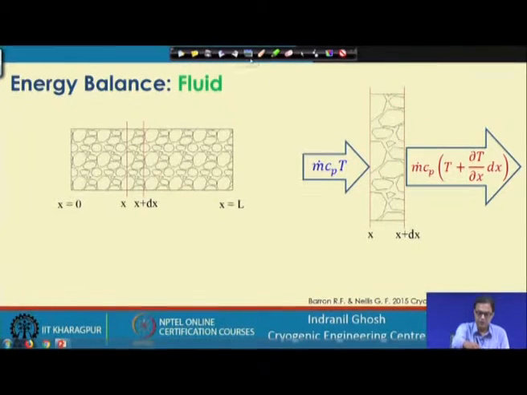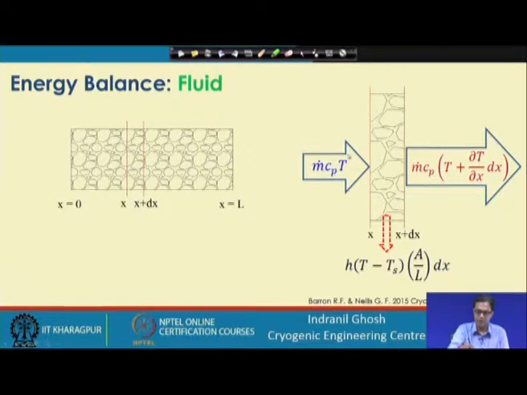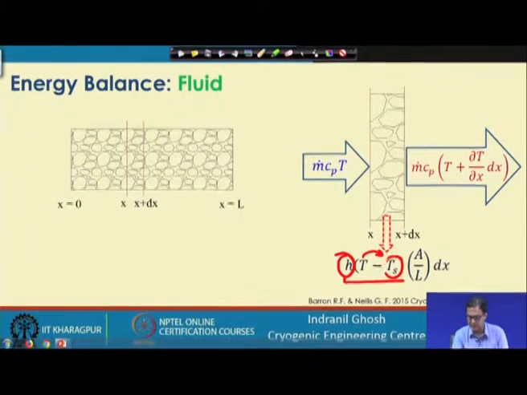Now, if we look again into this part, we find that some amount of heat is transferred from the fluid to the solid part. If it is hot fluid, the hot fluid is giving heat to the solid particles, and this is the amount of heat transfer, where H is the heat transfer coefficient, T is the temperature of the fluid stream, and T s is the temperature of the solid particles or the matrix temperature.